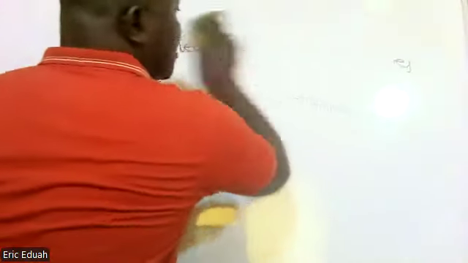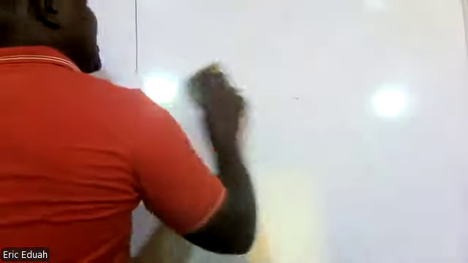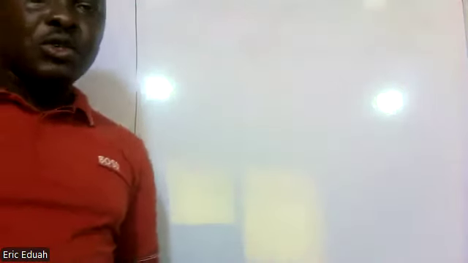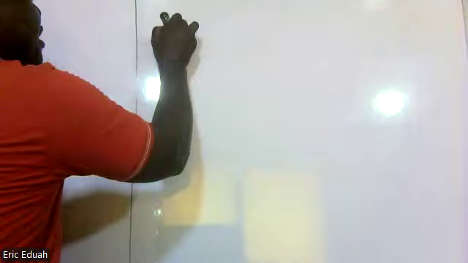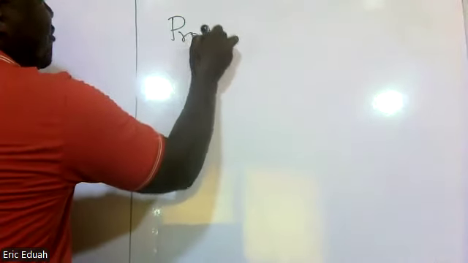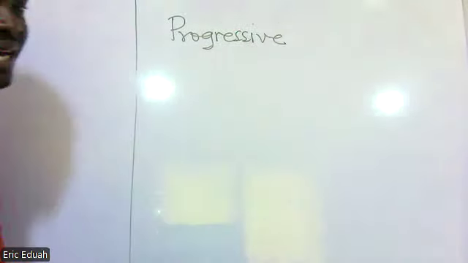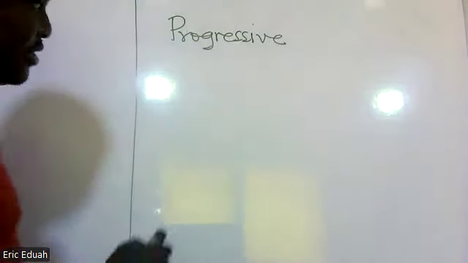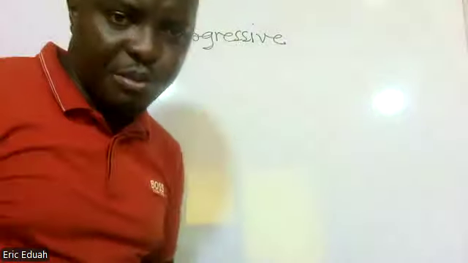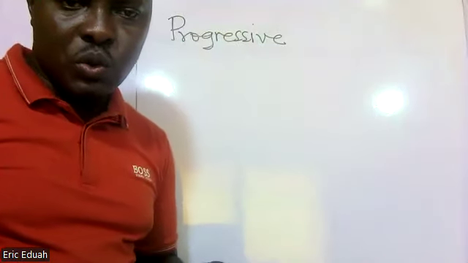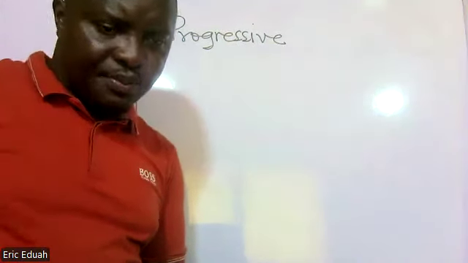When we talk about a progressive wave, progress means movement. So a progressive wave is any kind of wave that can be propagated continuously from one point of a medium to other points.